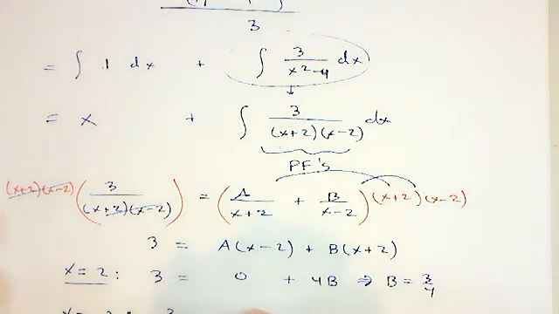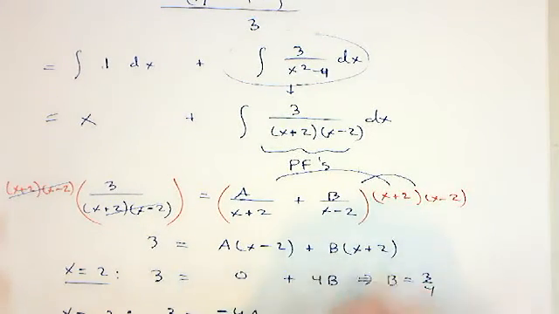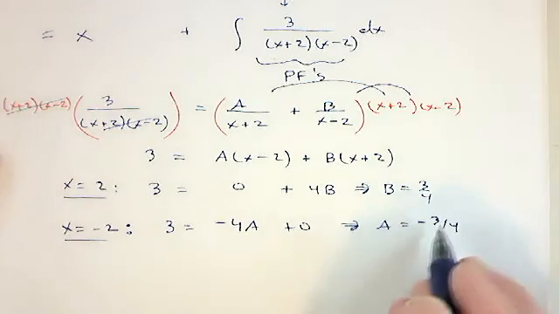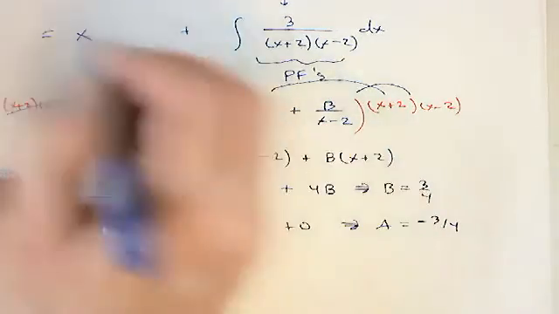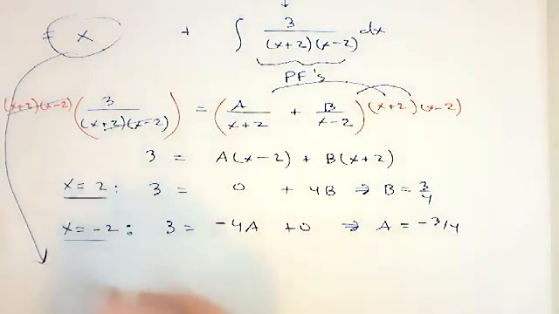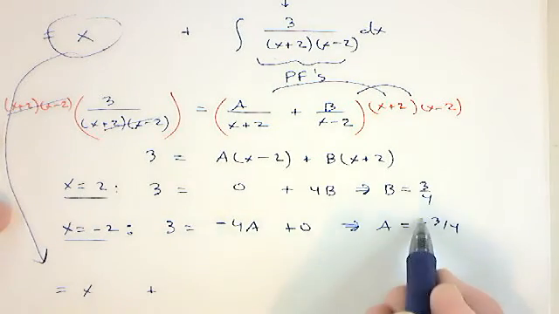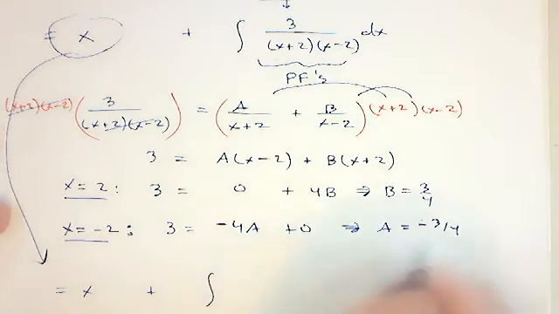It's going to be negative 2 minus 2, minus 4A. That's 0. And so let's remember this x. So we still had that x there. But now we're going to integrate these two fractions with A being negative 3/4.